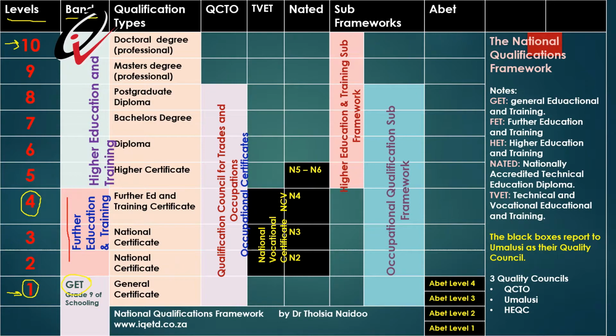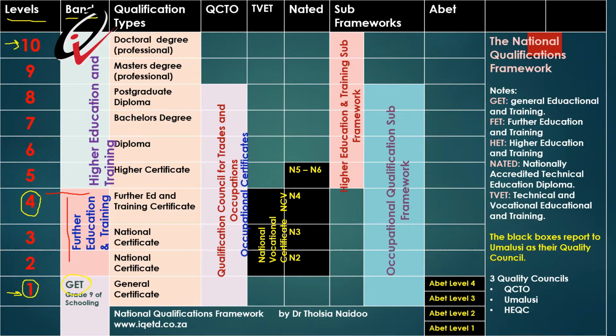The culmination in the further education and training could either be your matric, or it could be a further education and training certificate within the occupational space, which is your QCTO and related qualifications, or it could be your NCV4 or your N4. All of these qualifications are within the FET band.